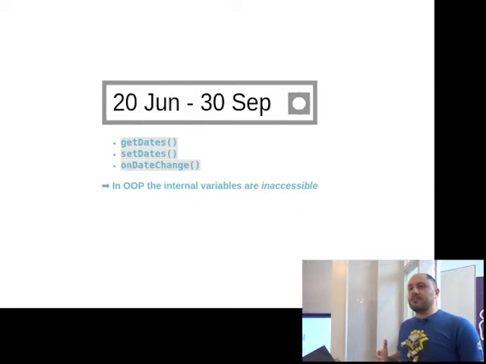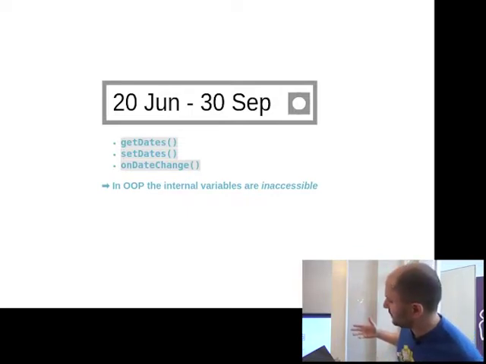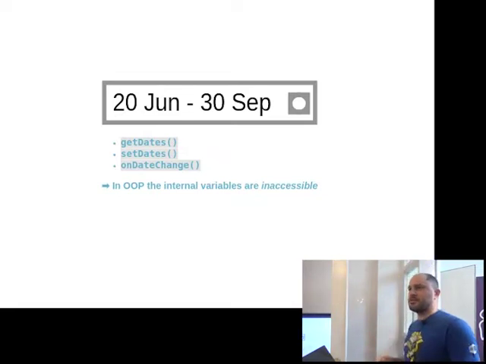Now, until that point, the main paradigm for the development was object-oriented programming. In object-oriented programming, a date picker is going to be an object, and it is responsible for managing its own internal variables. So somewhere it will have saved that 20 June and that 30 September, and probably some other information.